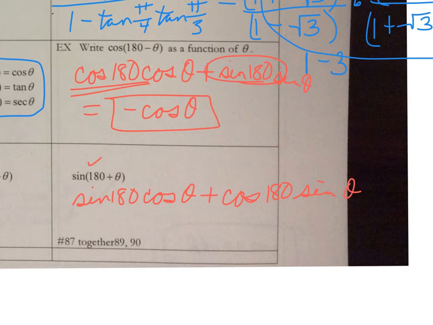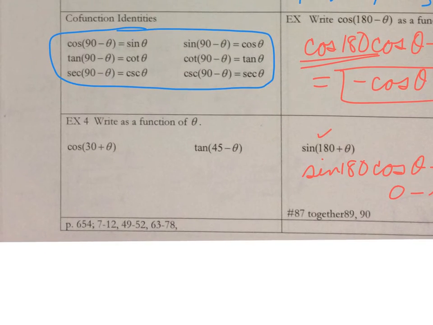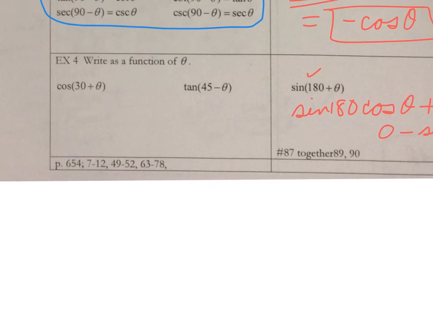Sine at 180 is 0 times cosine theta is 0. Cosine at 180 is negative 1 times sine theta would be negative sine theta. So this would be equal to negative sine theta. Okay, it's not so bad. So the rest of these are going to work in similar fashion.